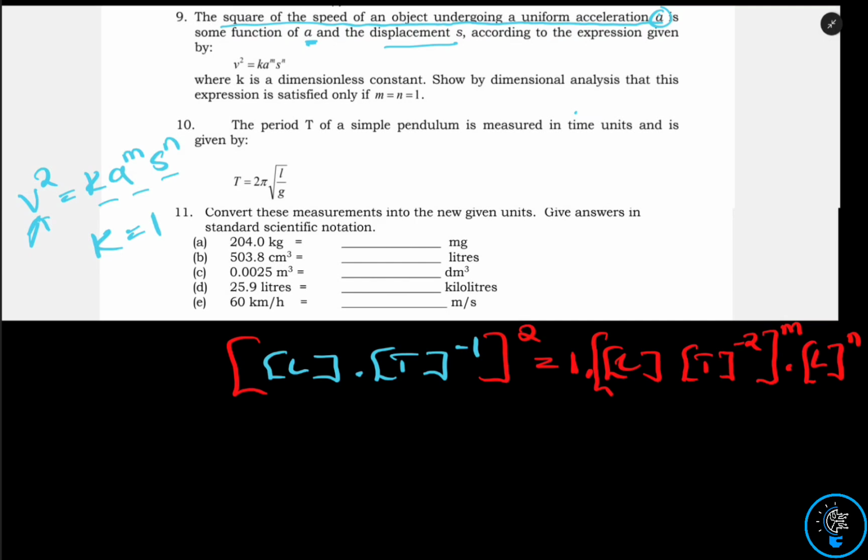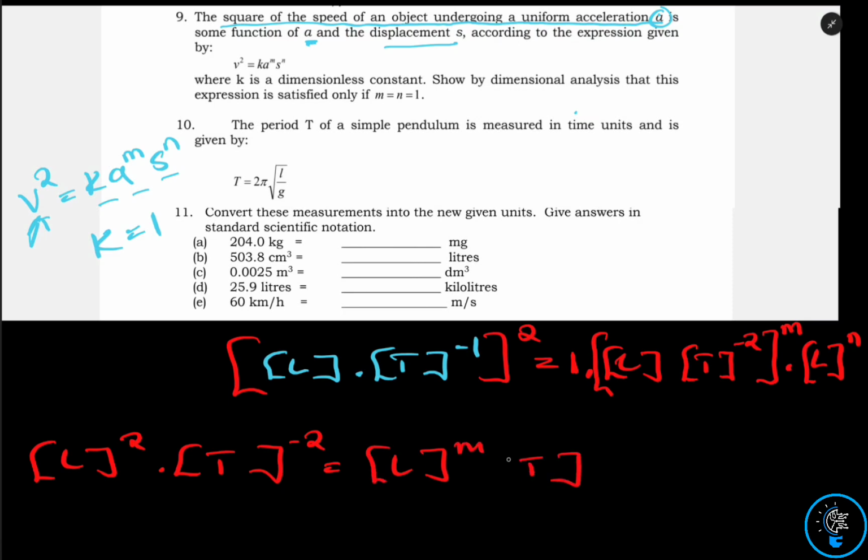Now let's simplify it. So the 2 will be the power of that one, so L squared will be L to the power 2, and t will be to the power negative 2, and that will be equal to L will have a power of m, then t will have a power of negative 2m, and we're going to have L to the power n.